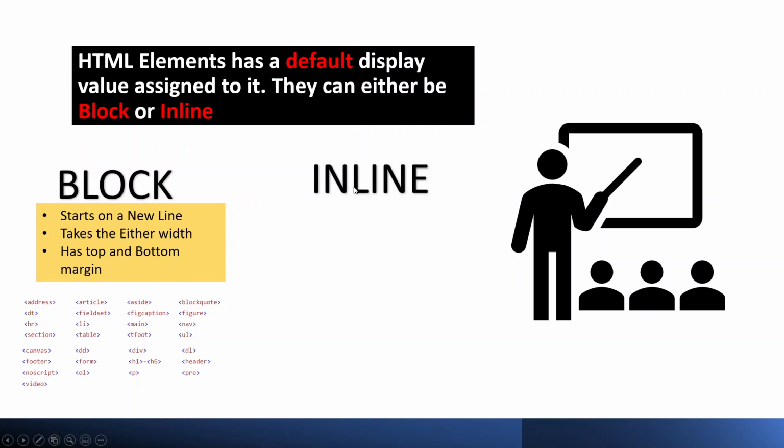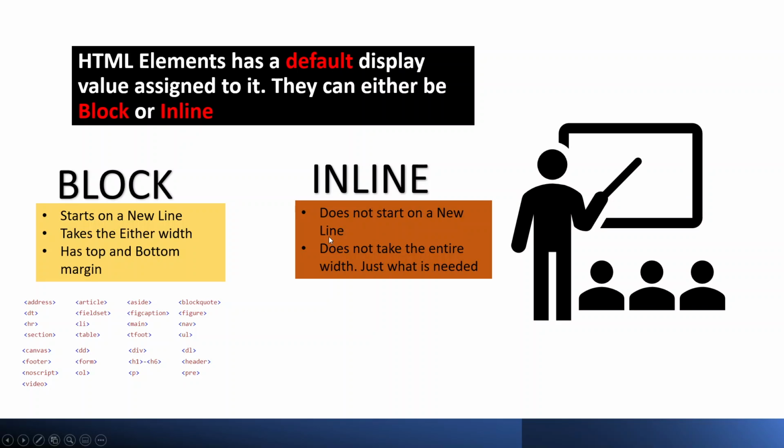The second type is the inline elements, and the characteristic of these elements is that they do not start on a new line, and they take up just about the space that they need, not the width of the space available. That's the thing about inline.